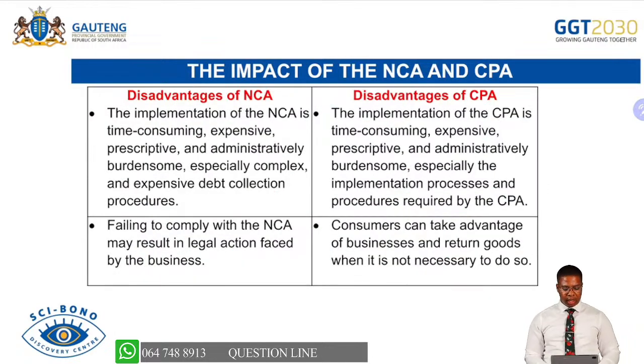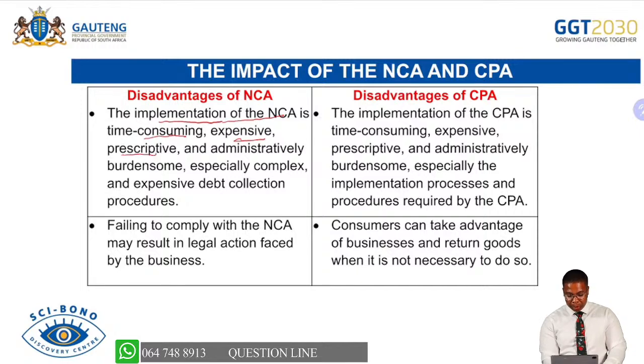But when we look into the negatives, you would realize that this sentence is there for all the acts. So the implementation of the National Credit Act is time consuming, it's expensive, it's prescriptive, and administratively burdensome, especially the complex and expensive debt collection procedures. So the process of collecting debt, because of the guideline that is given here with regards to the issue of credit and how to collect the debts that one of their customers may have, is time consuming.